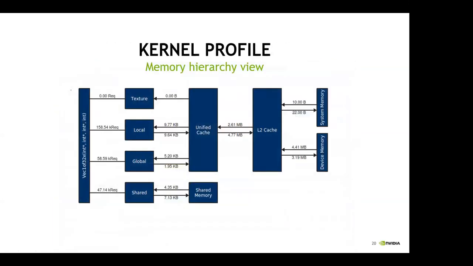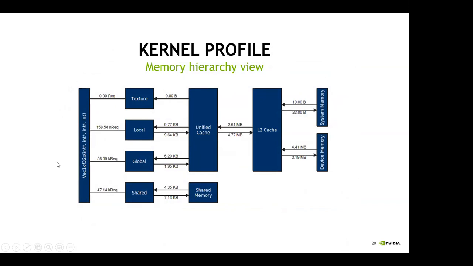And a very interesting feature when you are doing fine tuning is the kernel profile, looking at the memory hierarchy to see how much data you are moving from the various memory levels.